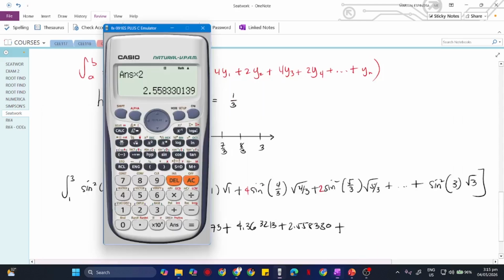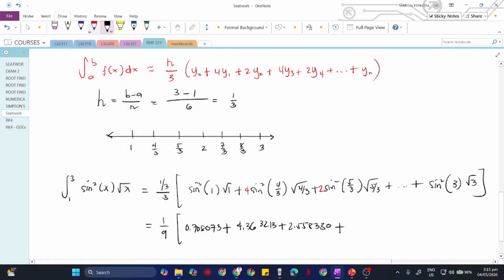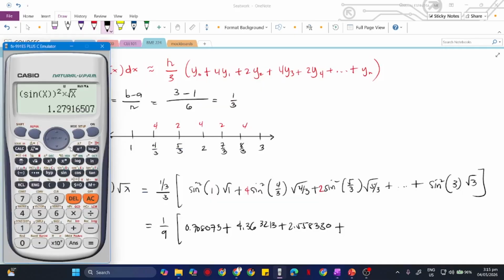Okay, plus, balik tayo ulit doon. Dito. So, para hindi kayo malito, class, lagyan natin yan ng indication. So, this is times 4, times 2, times 4, times 2, times 4. Okay, para di tayo malito later. So, balik tayo dun sa, tapos naman tayo sa 5/3. Calc tayo ulit. Then, this time, 2 na naman.